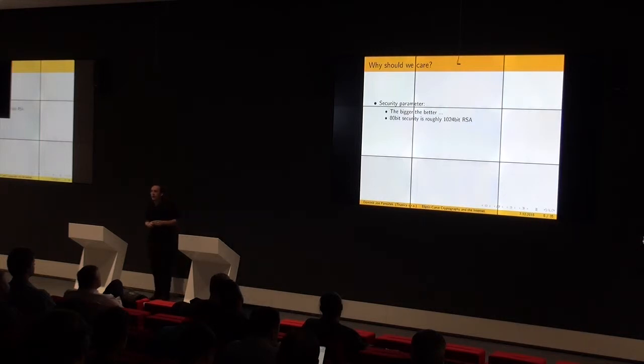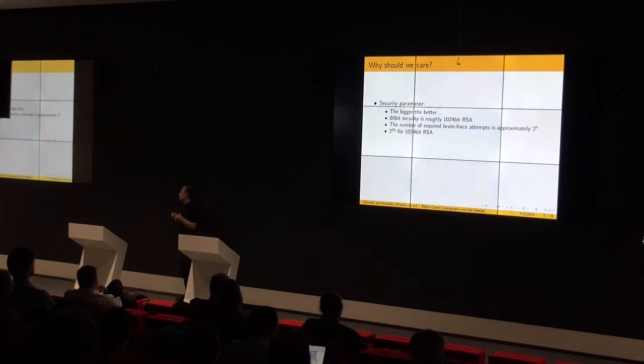What does that mean? If you browse the web, you usually come to statements like 80-bit security is roughly 1024-bit RSA. What does it mean? The security parameter means how hard it is to brute force the security primitive we are trying to use.